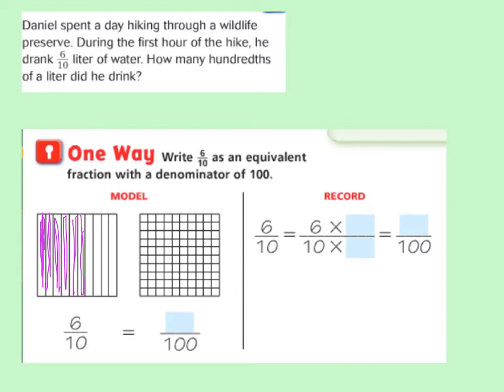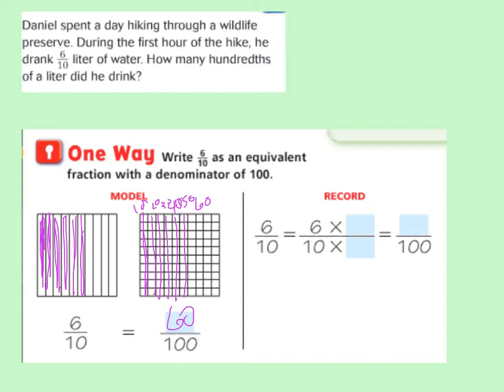So now, if I were to fill in 6 rows on the hundreds grid, that would be 1 row, 2 rows, 3, 4, 5, and 6. So that would be 10, 20, 30, 40, 50, and 60. So 60 hundredths would be equivalent to 6/10.